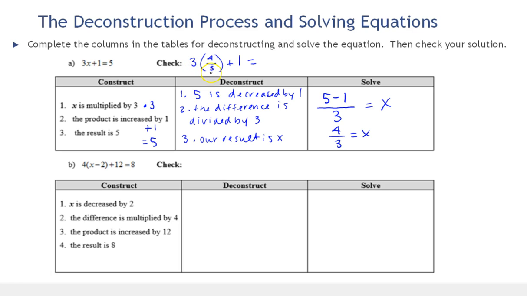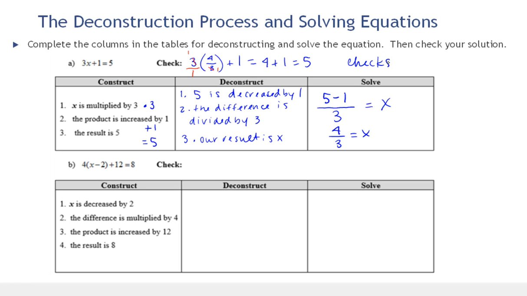Notice that the 3's here cancel, so I would multiply 3 times 4/3. You can do this on your calculator, but I'm going to show you some of these computations to refresh your memory. The 3's cancel. Okay. So this is equal to 4 plus 1, which is equal to 5. And since the right-hand side of this equation is 5, our solution checks.